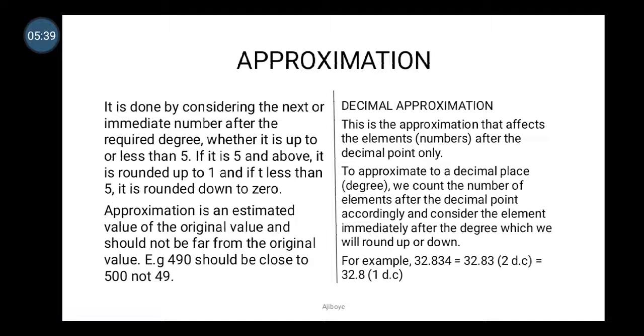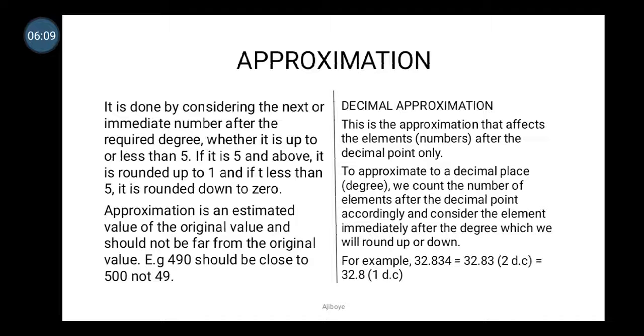32.834 is equal to 32.83 to 2 decimal places. You see that I did not put 0 after the 3, and that's because if you count 2 digits after the decimal point, since I'm approximating to 2 decimal places, I will only count 2 digits after the decimal point.